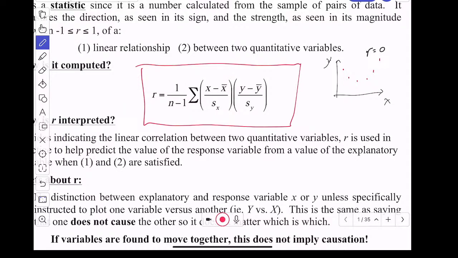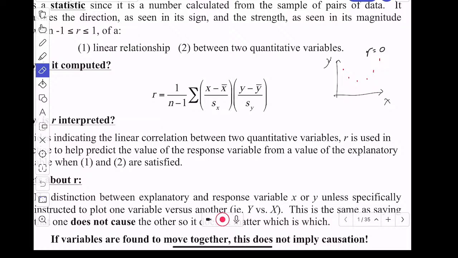All right, so now looking at the formula, what do you recognize in the formula? Aha.